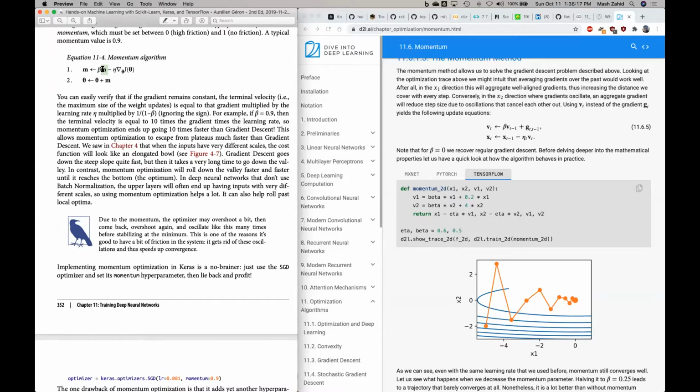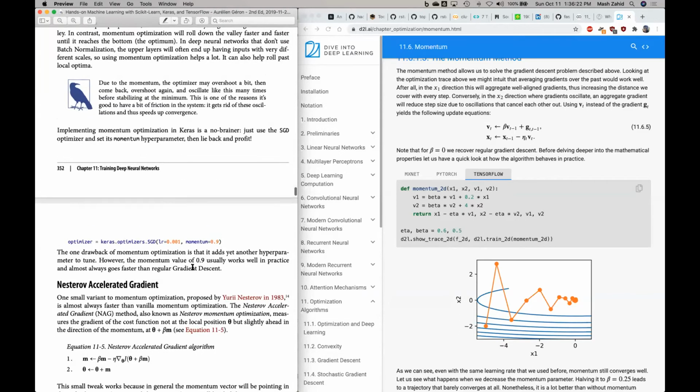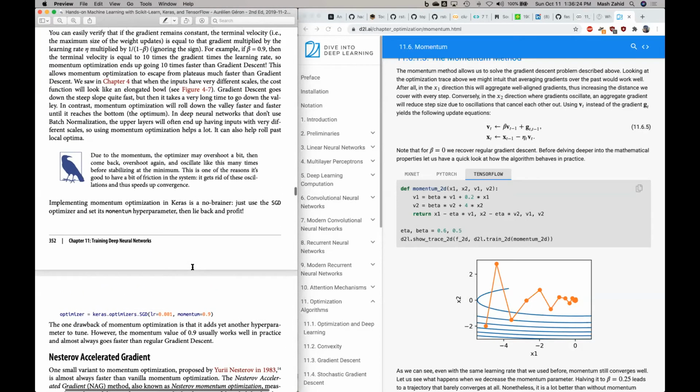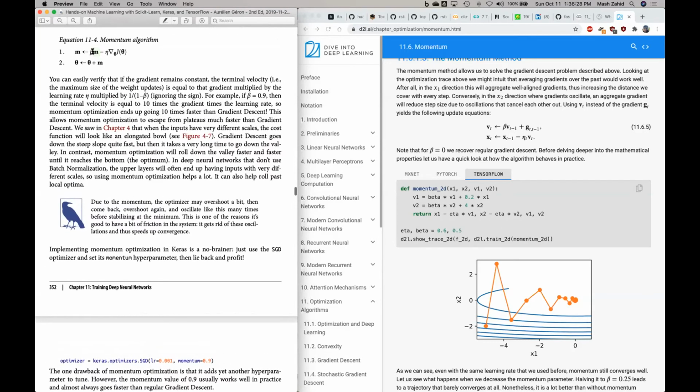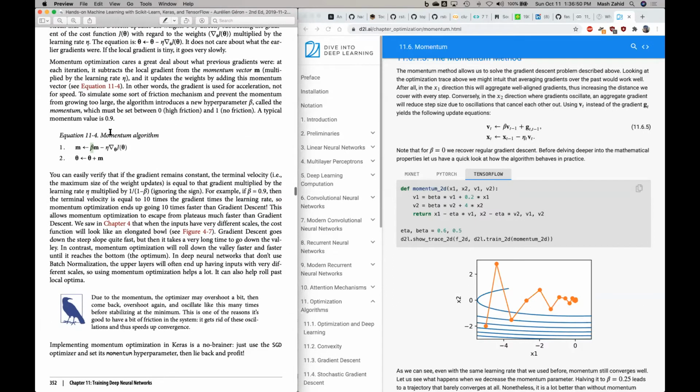M takes the past gradients and then weights the past gradients by this value beta, this momentum value of 0.9. So if the last gradient value was a certain amount, then a portion of that is what you retain, and then you use that to update your new value for what the gradient will get.